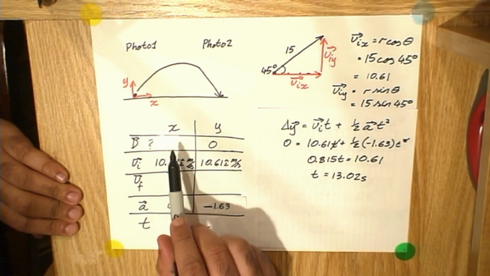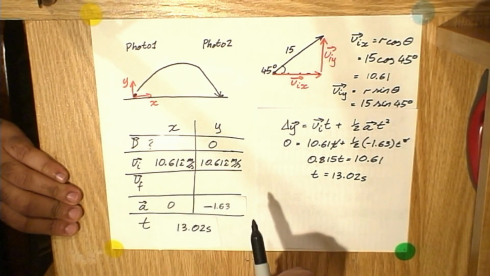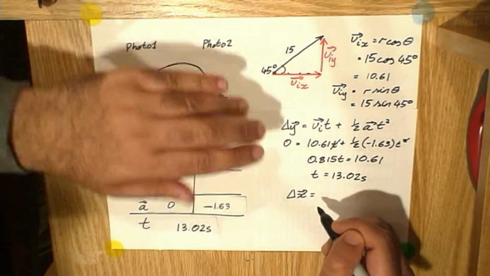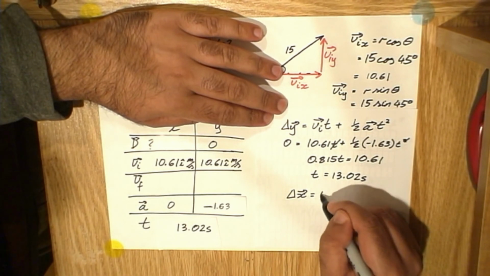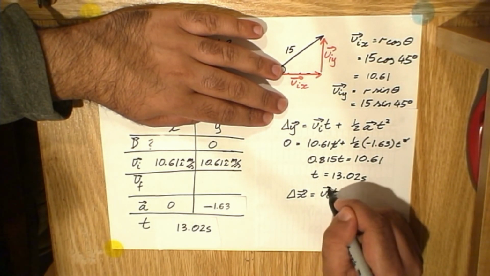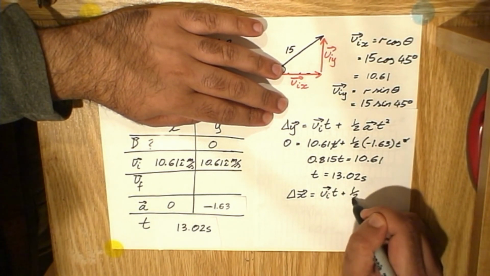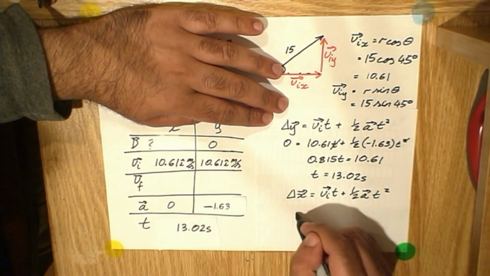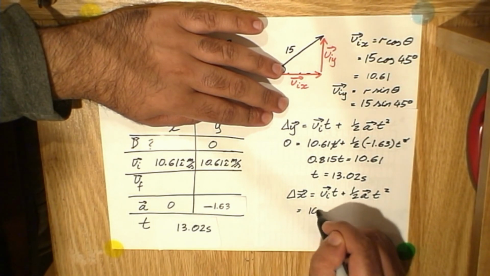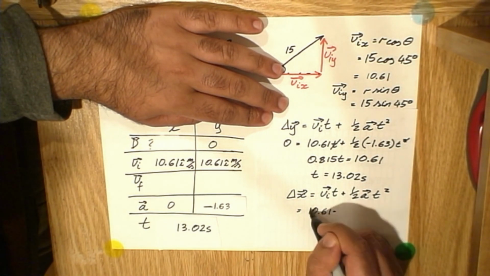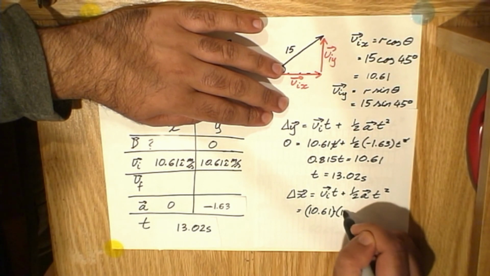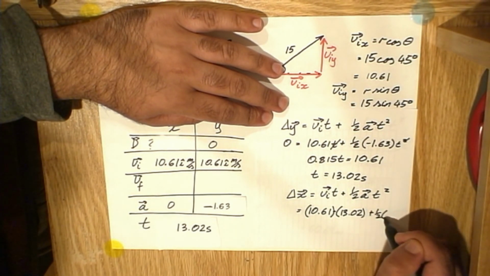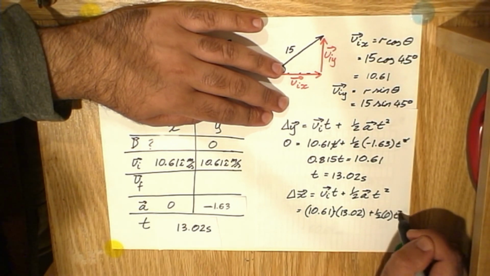Now, let's solve for the displacement, which is what we were actually looking for in the first place. The displacement can be solved using exactly the same equation. In this case, the acceleration is 0. V initial is 10.61 times the time of 13.02 plus half times acceleration, 0, times t squared. I won't even bother with that.